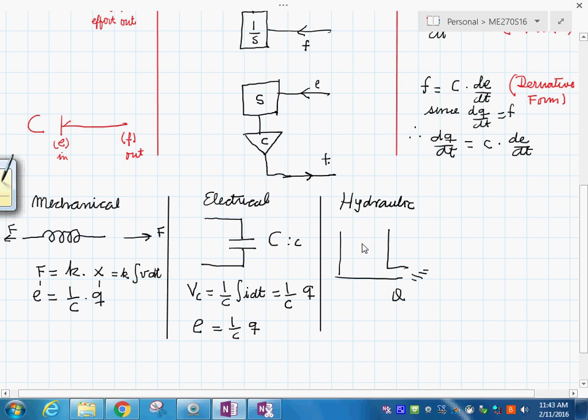But if you write it as 1 over C times the volume, in this case you have that E is equal to 1 over C times Q.